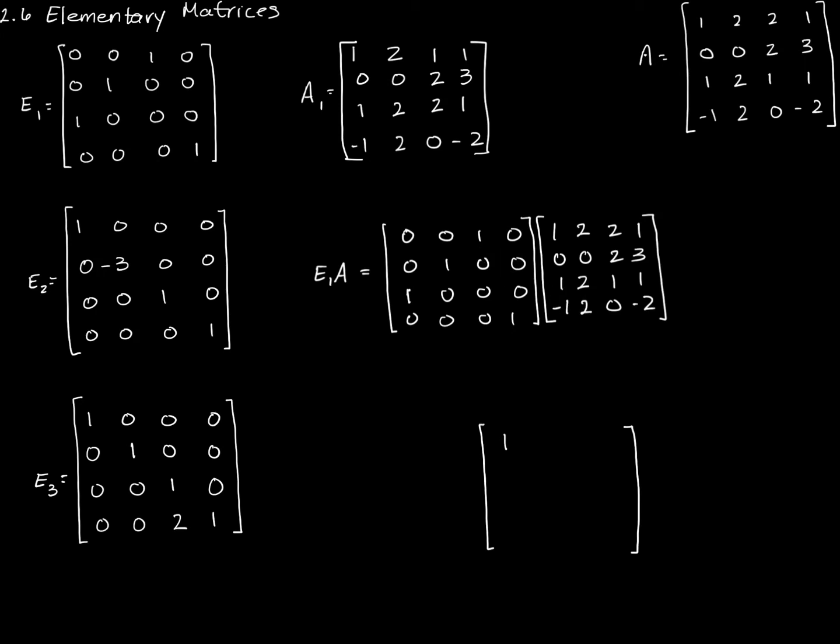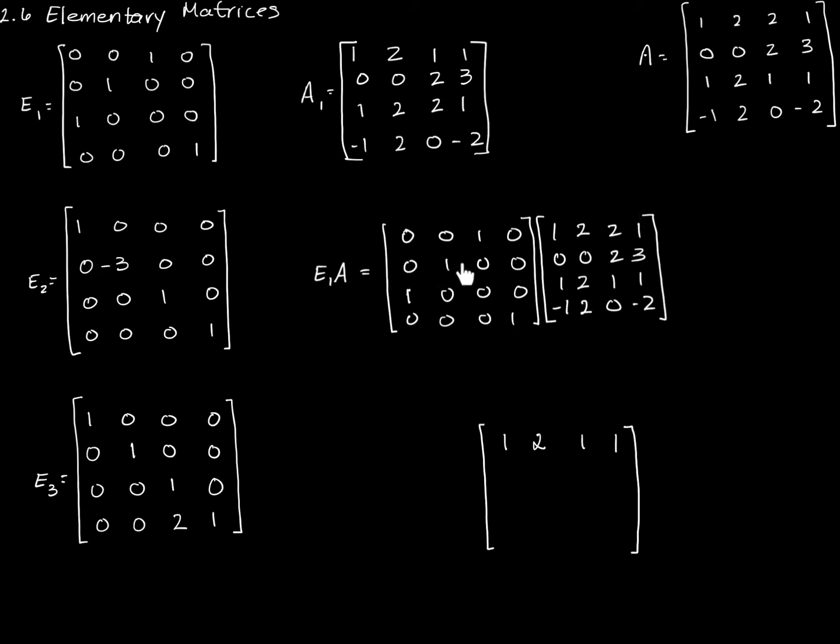So I get 1 times 2. Essentially you can see that in my first row, I'm getting a copy of matrix A's third row. 0 times everything except the third entry gives me 0 plus 1, 0 plus 2, zeros plus 1, zeros plus 1.